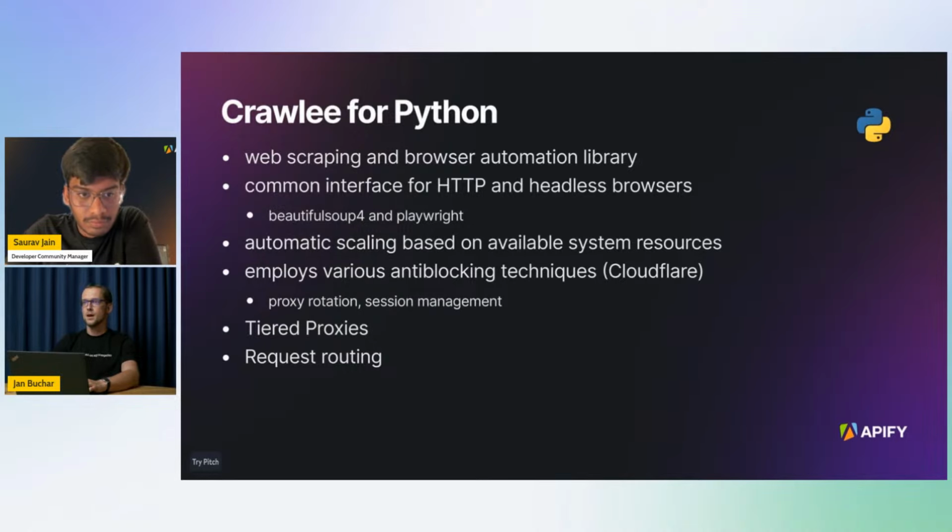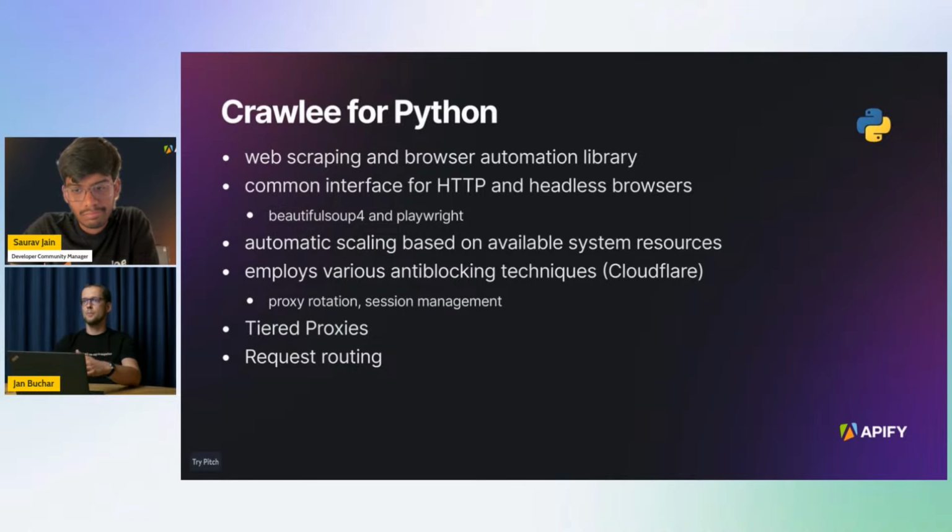We also have tiered proxies, which is an interesting feature that helps you make a hierarchical list of multiple levels or tiers of proxies, where you put the cheap but less performant ones at the bottom, and the more expensive quality residential ones go on top.